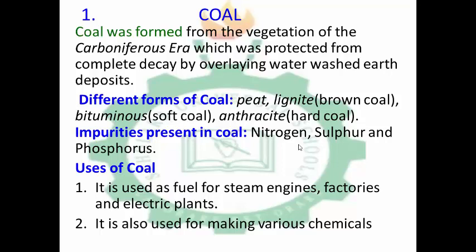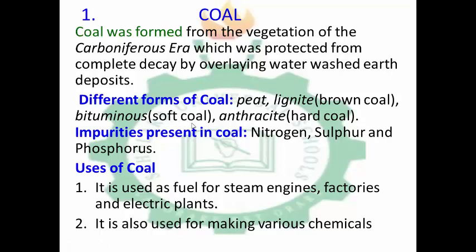So we have different forms of coal. We have the pit coal, that is peat, and then we have the lignite, which is popularly called brown coal, and then we have the bituminous coal, which is soft coal, and then we have the anthracite, which is hard coal.